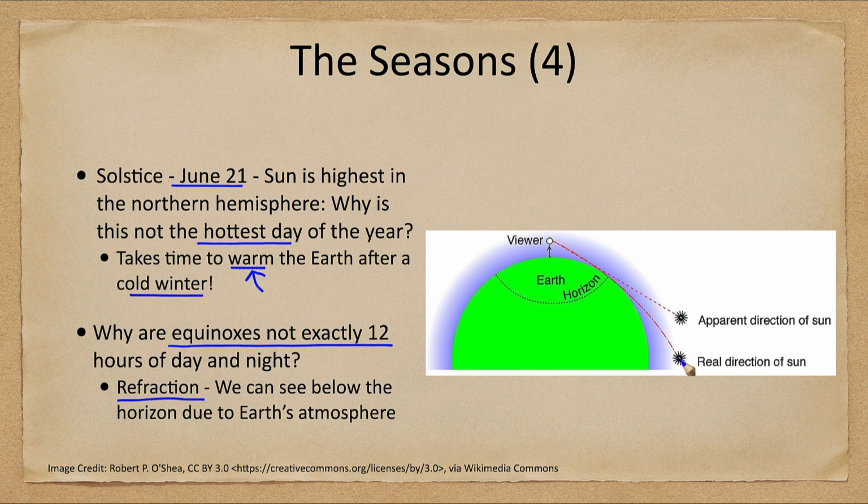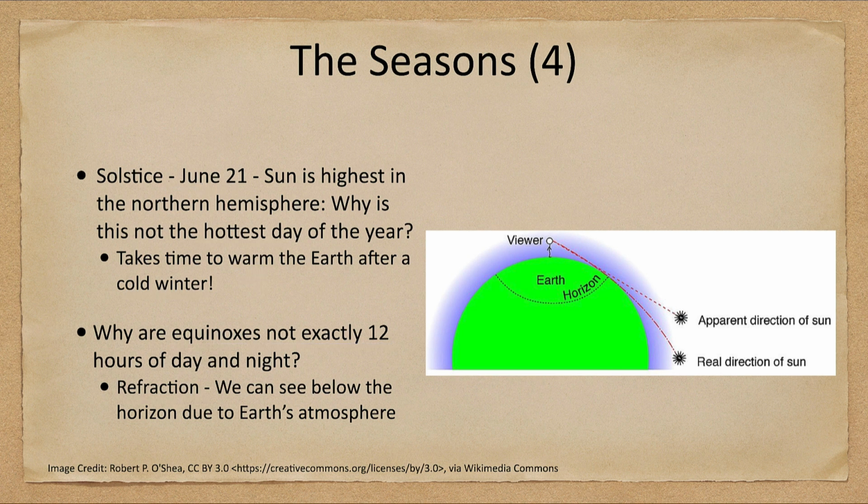In reality, the sun is a little bit below the horizon, but the bending of light through the atmosphere makes it appear that the sun is above the horizon. So the times will always be a little bit off because of refraction. Had the Earth no atmosphere, then this would not be the case. And the days would be exactly 12 hours long on the equinoxes.